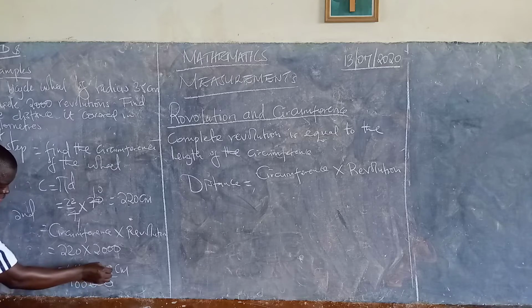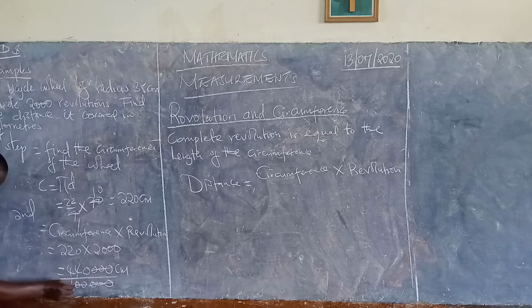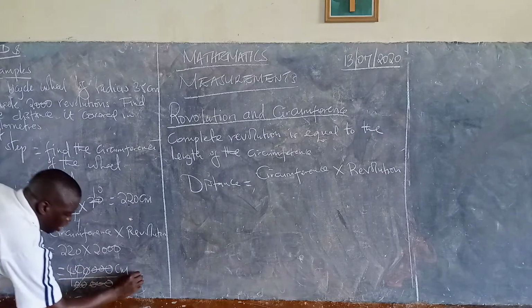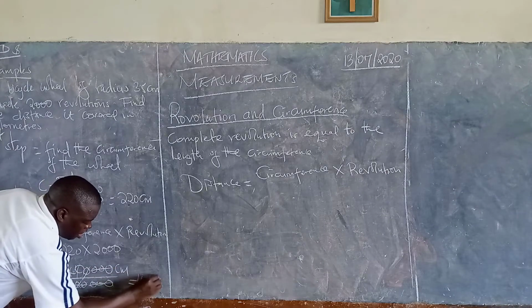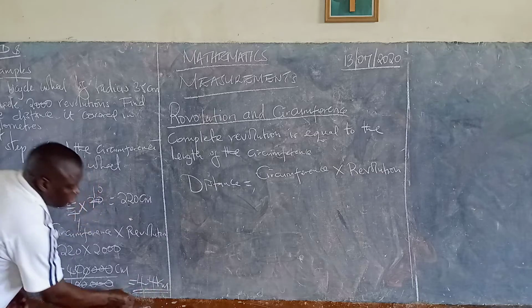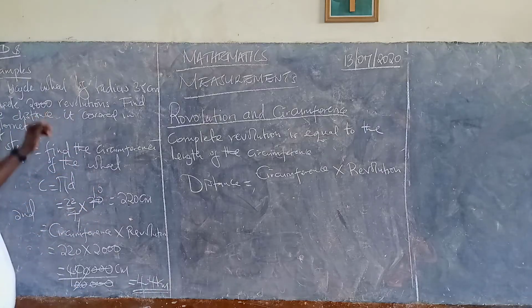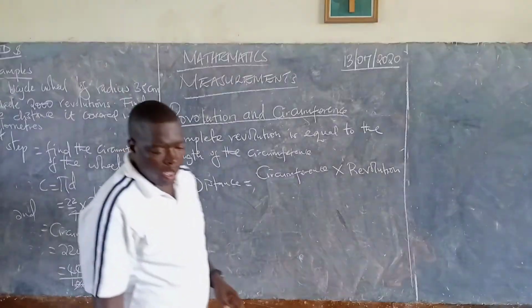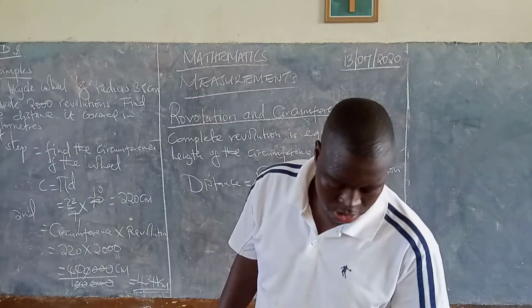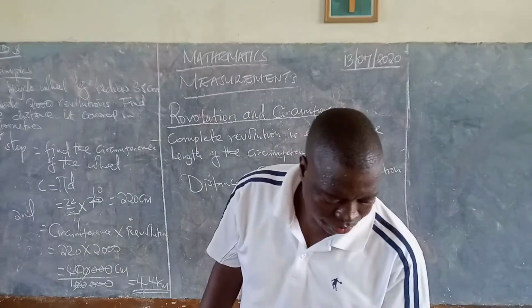So 3 zeros go with 3 zeros, the 2 zeros go with 2 zeros, then we bring the decimal point there. So definitely, when this wheel rotates 2000 revolutions, the wheel will cover 4.4 kilometers.